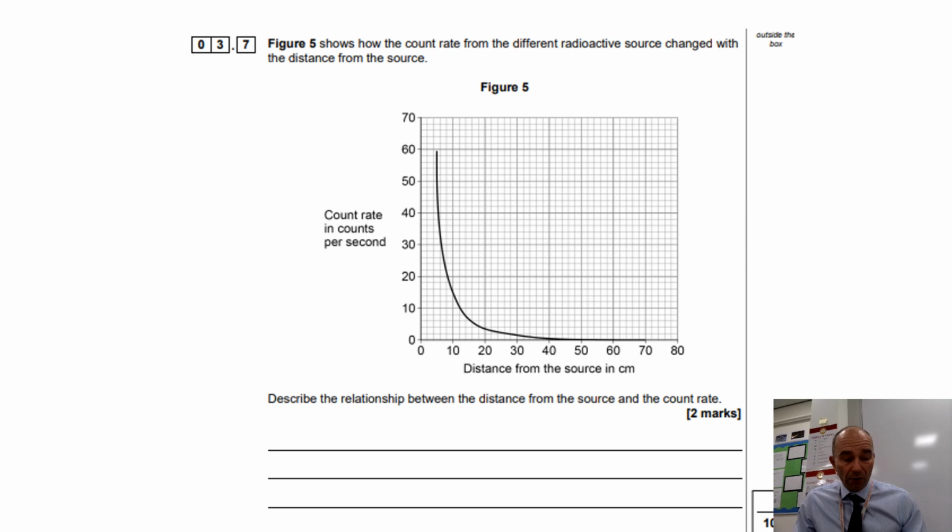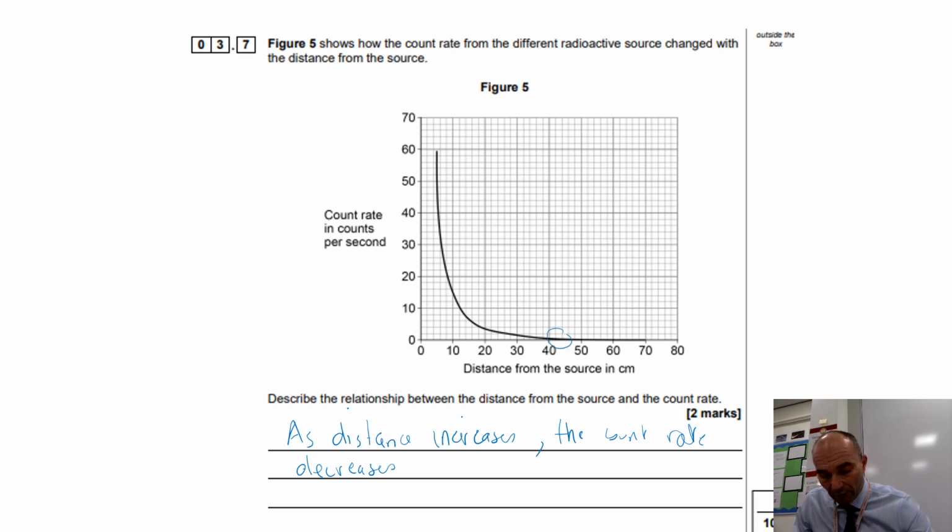Now the first mark is to make the point that as the distance increases, the count rate decreases. So hopefully you can see that clearly from the graph. Now to get the second mark, you need to look at this part.